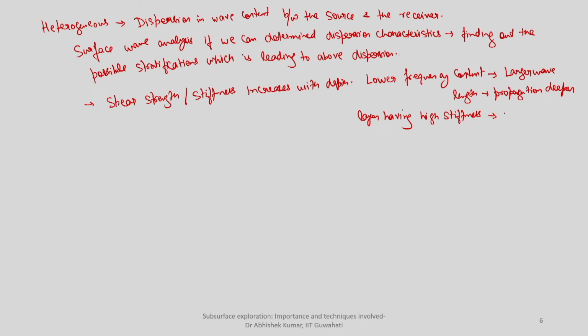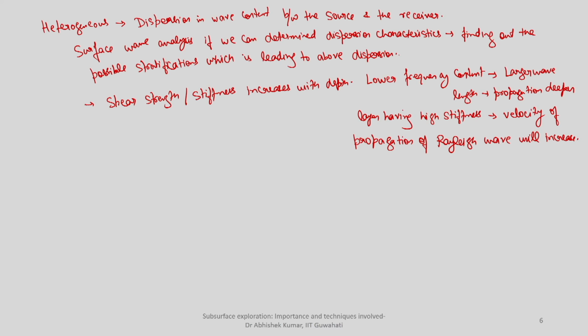As a result, what will happen to the propagation velocity? The velocity of Rayleigh wave propagation will increase. The same will be applicable to all the frequency contents.